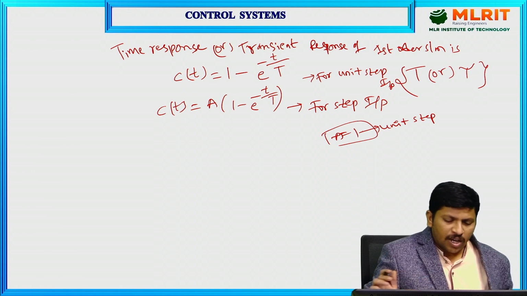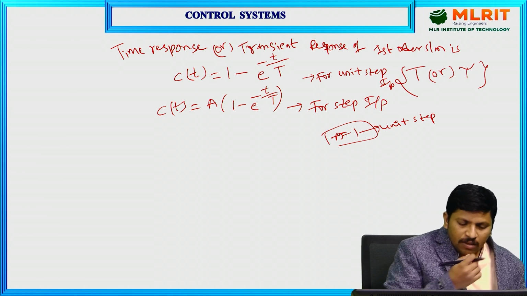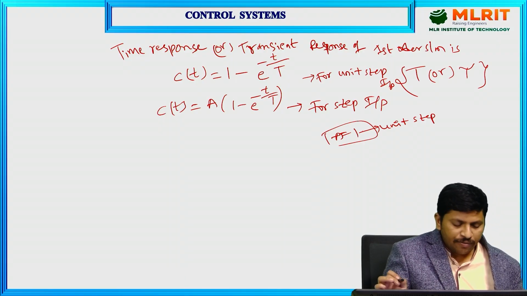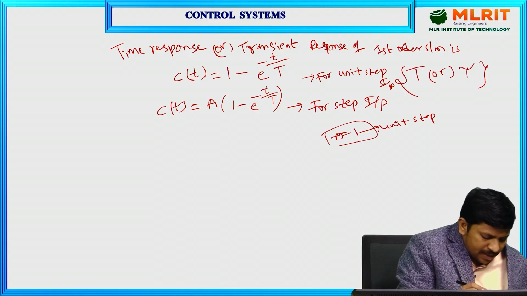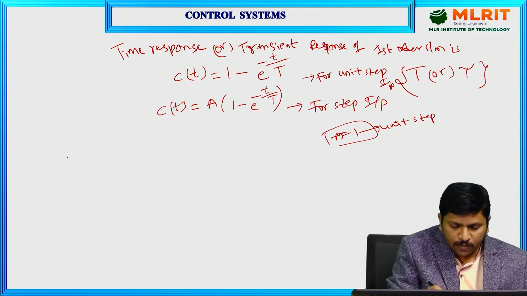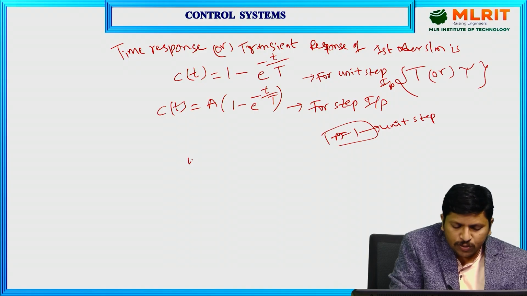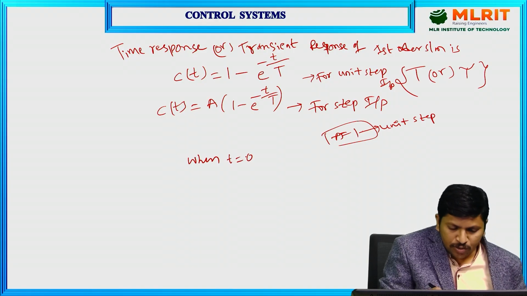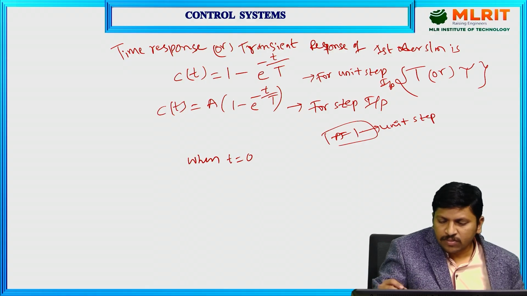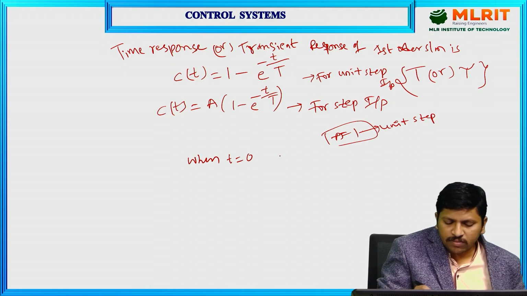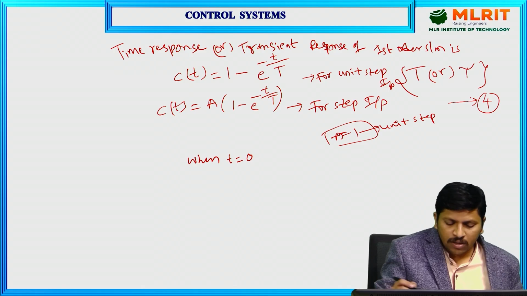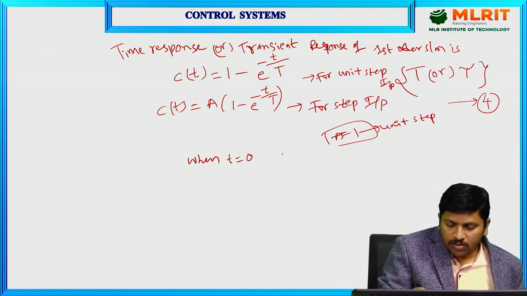Now I am going to calculate the response values for the design of a graph. Just consider, for example, when T equals 0, substitute in the equation. I am going to consider this equation as the fourth equation.